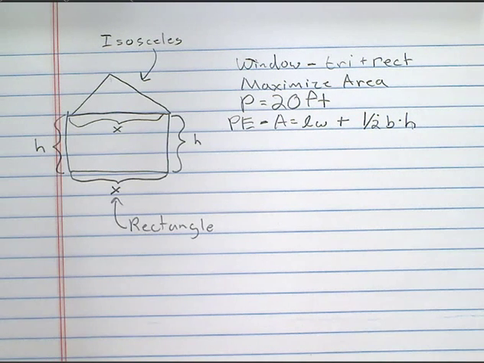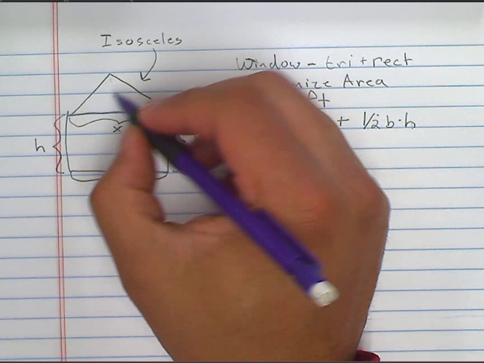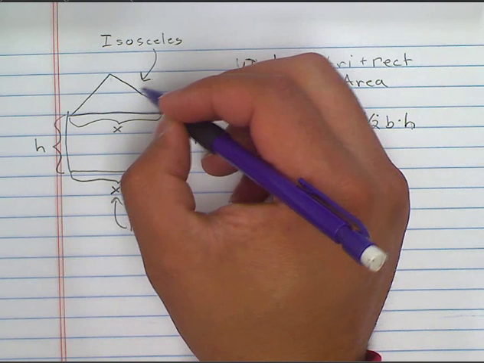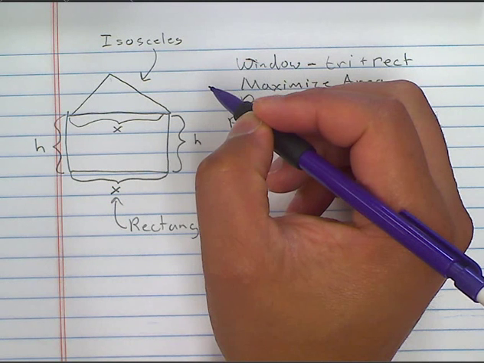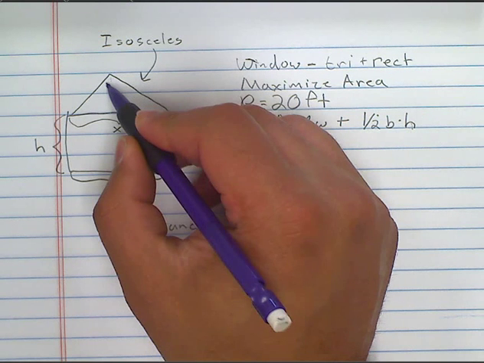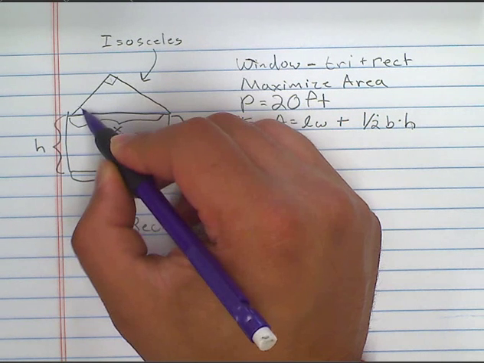Okay, hold on just a second. This is an isosceles triangle, a 45, 45, 90.